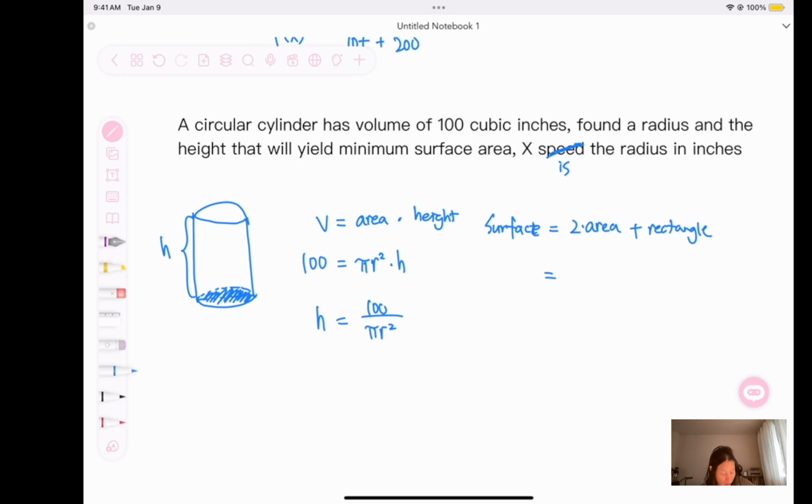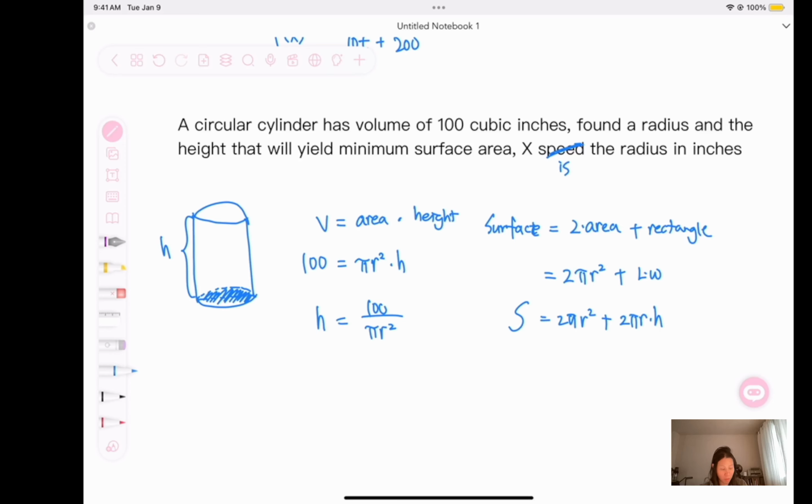The top and bottom is 2 pi r squared, plus the rectangle area, which is the length times the width. The length is the perimeter of the circle, so that's 2 pi r. The width is the height. So that's the surface area.